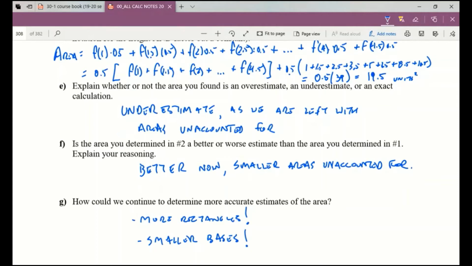Now, some textbooks and some professors and some people that teach this will get you to underestimate like we've done, but some will actually look at an overestimation by taking the right side of the triangle leading up to this. And some will even look at making trapezoids.